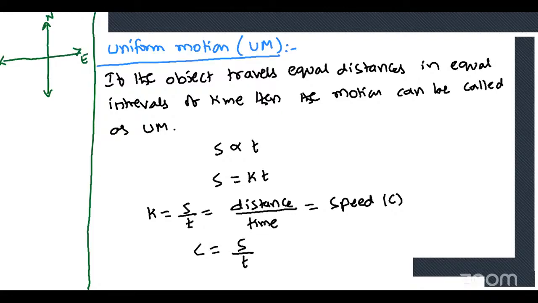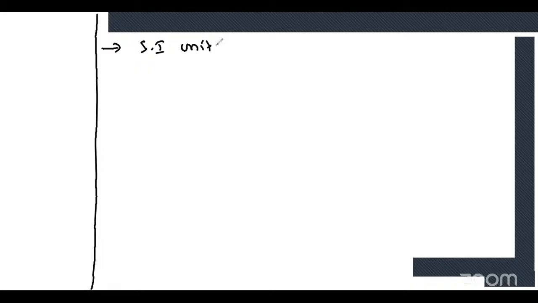So by using this, we can say the SI unit of speed is meter per second, and the CGS unit of speed is centimeter per second.